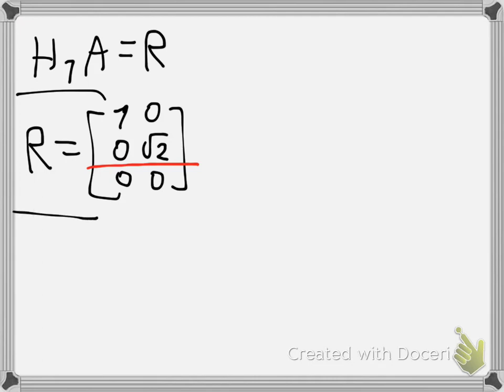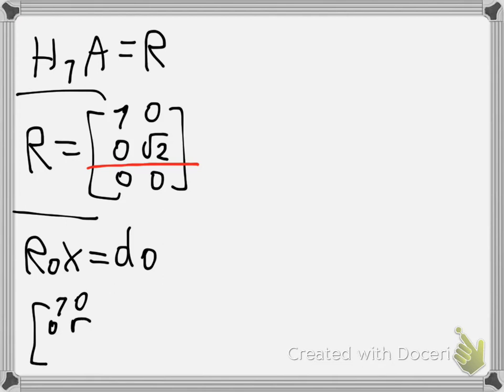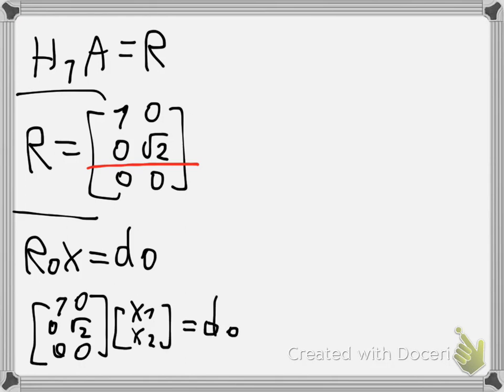Remember, our goal is then at the very end we will do R0x is equal to D0. Okay, but so you have your vector x, let's say x1 and x2. Let's take our matrix R. If we multiply it by x1 and x2 to get d0, you will see that we will get one vector in 3 dimensions, but the last dimension will be 0.